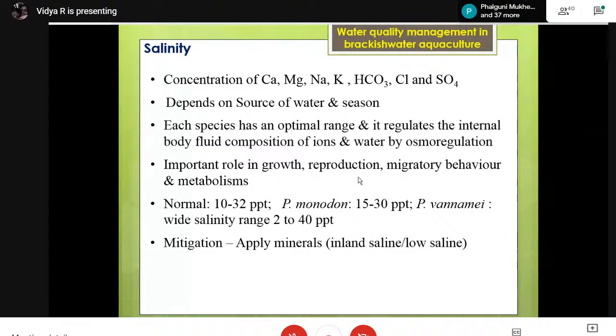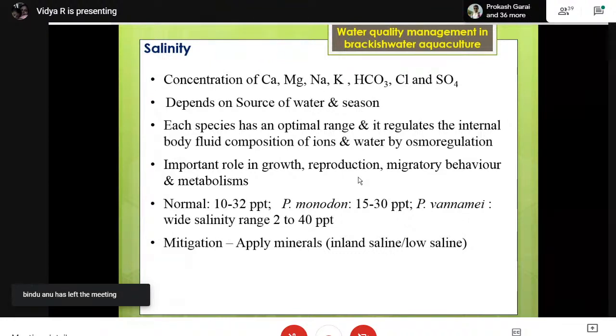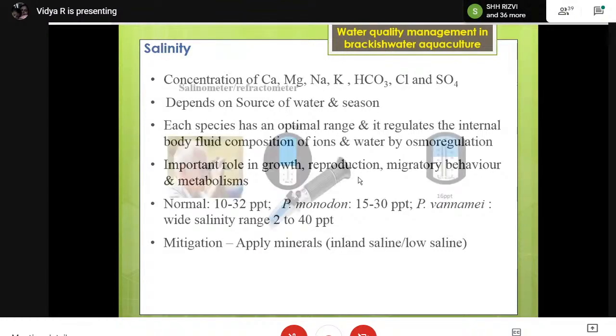You can adapt vannamei to such a range so that it can be utilized in varying salinities. There are mitigations available for inland saline waters and low saline waters. Many people are applying minerals and farming Penaeus vannamei, so it is possible in low salinities also with mineral addition.